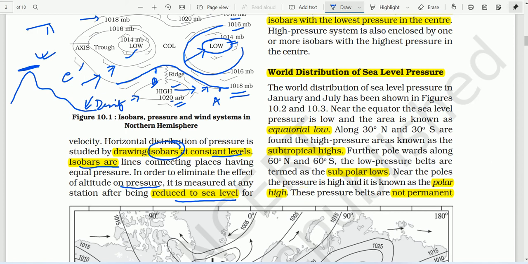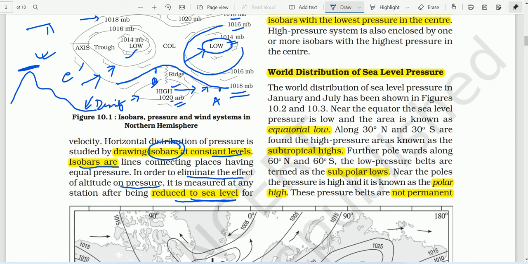That means due to differences in landforms, there will be differences in the pressure condition. And just to eliminate the effect of altitude, pressure is measured at any station after being reduced to sea level.